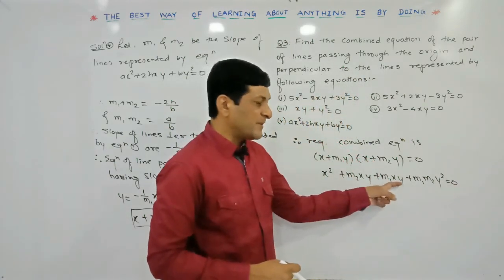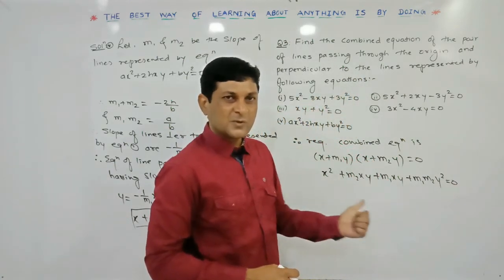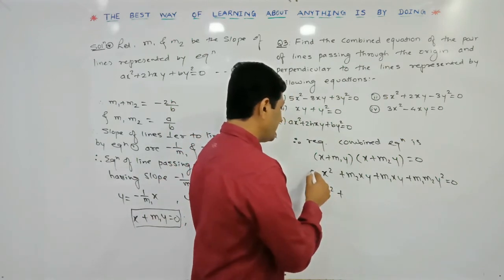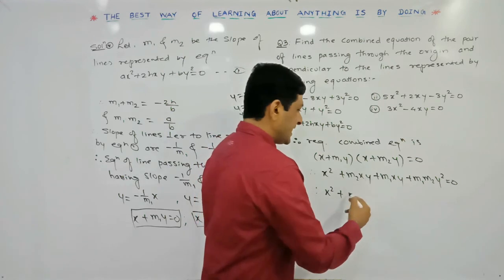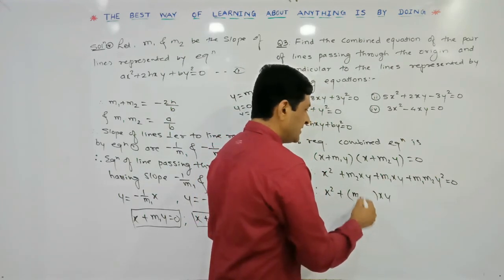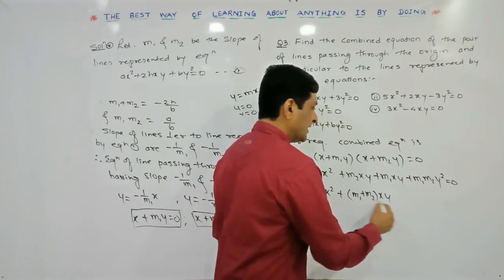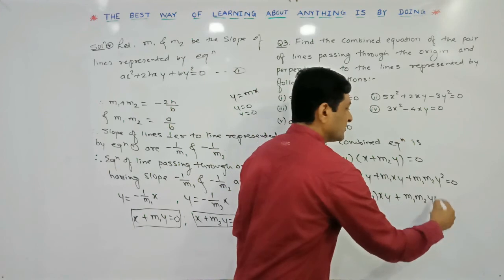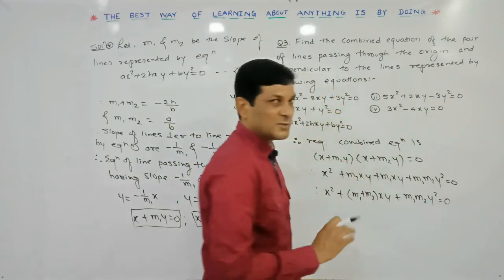Here two terms of xy appear in this equation, so collect these two terms. So this equation can be written as x square plus xy common, where the remaining terms are m1 and m2, plus m1 into m2 y square, equal to 0.